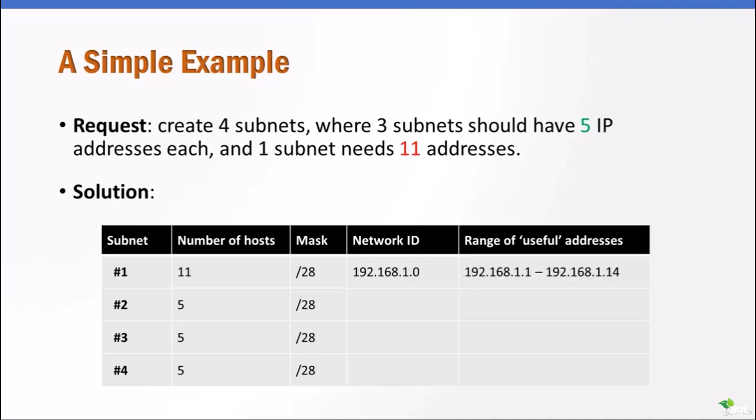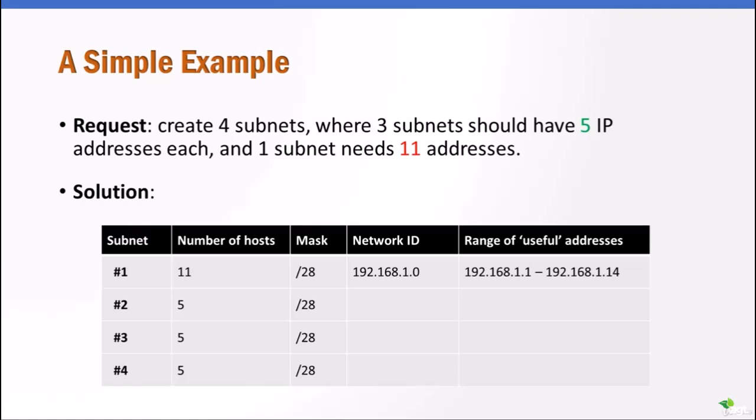The range of useful IP addresses will begin at 192.168.1.1, and the last useful address is going to be 192.168.1.14. 192.168.1.15 is going to be our broadcast address that we can't allocate to a host or a router interface.